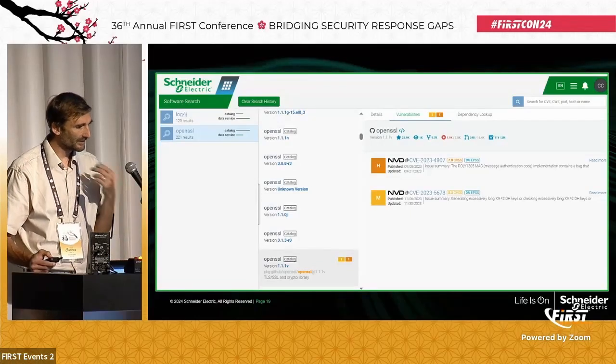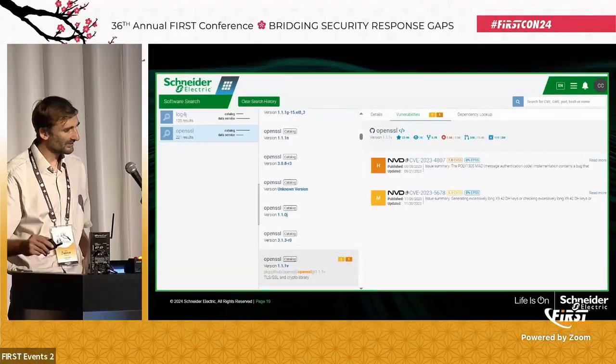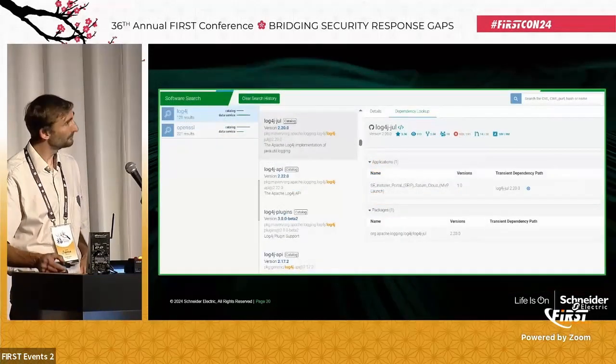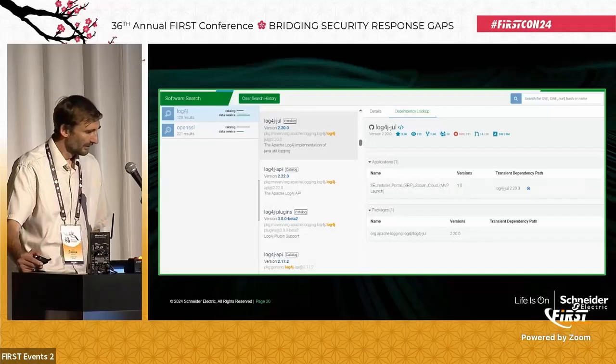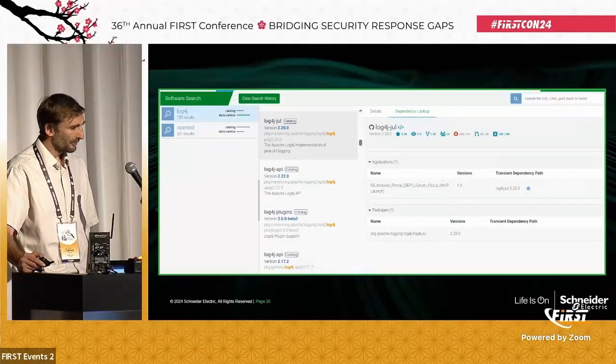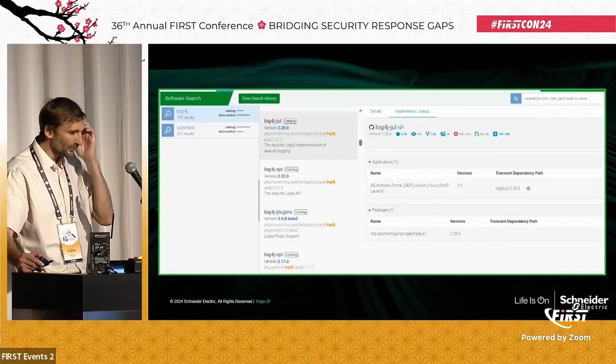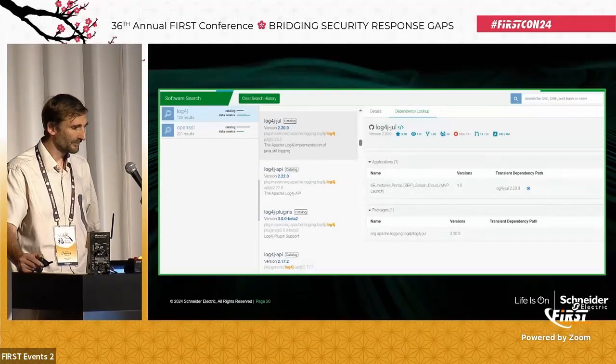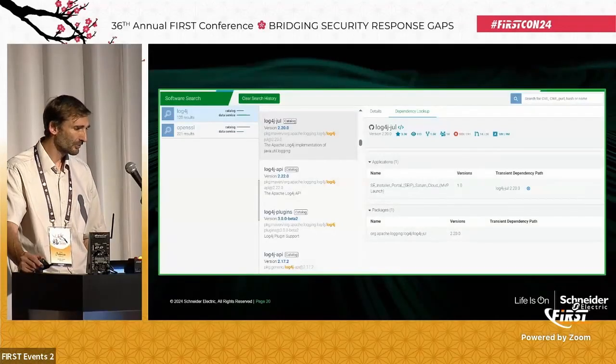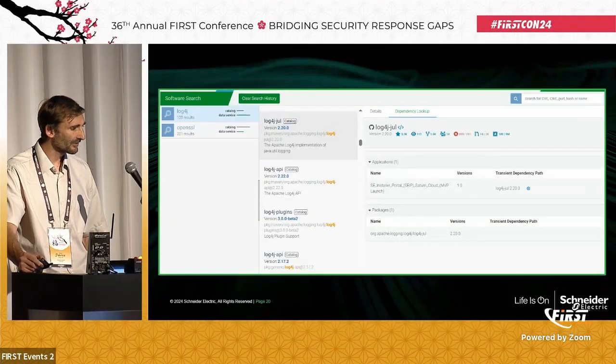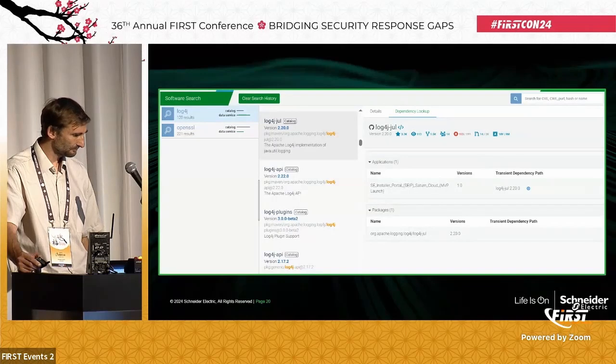But the next one, you can see the dependencies lookup for Log4j, for example. As of version 2.20.0, it is used on 2 products. So I'm able to pinpoint very quickly, well enough, as long as the information is accurate.